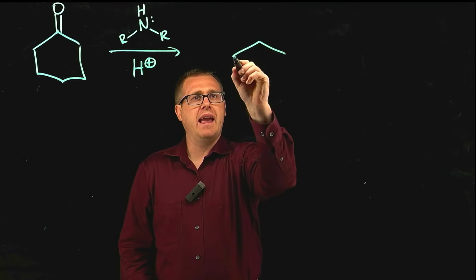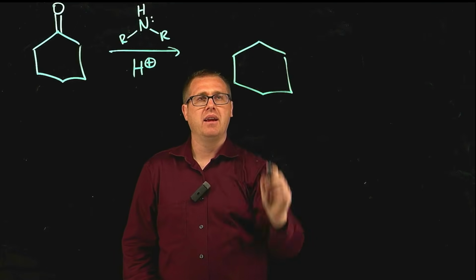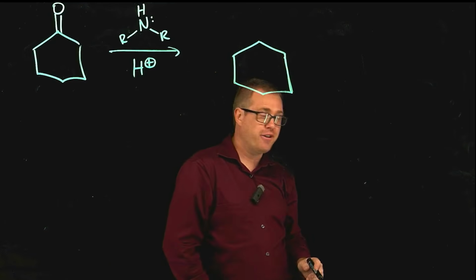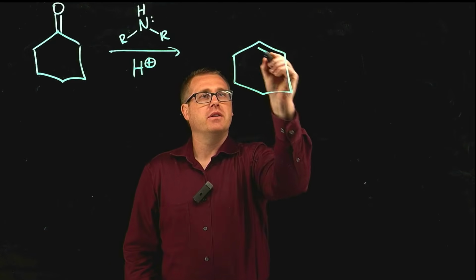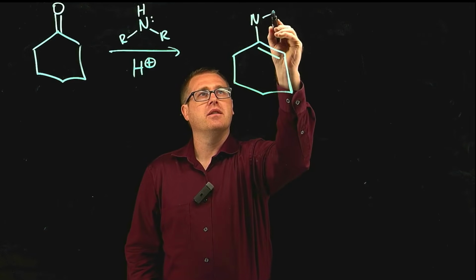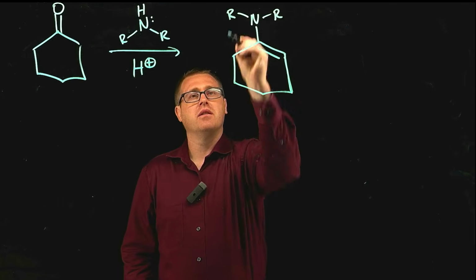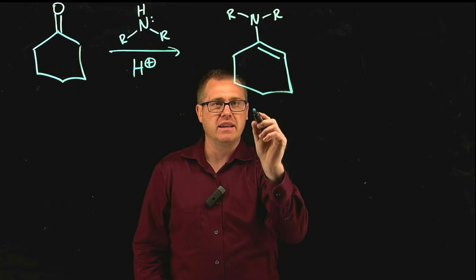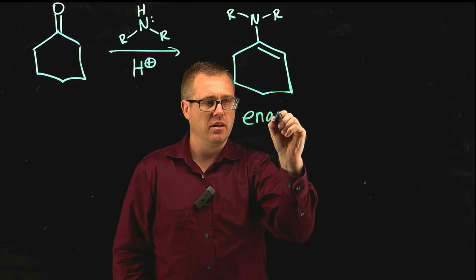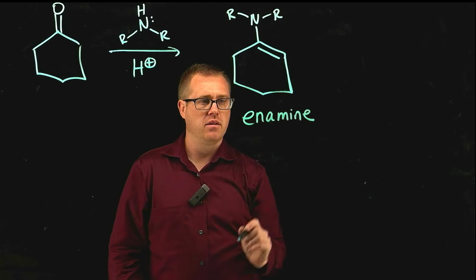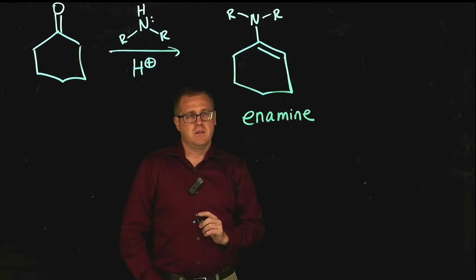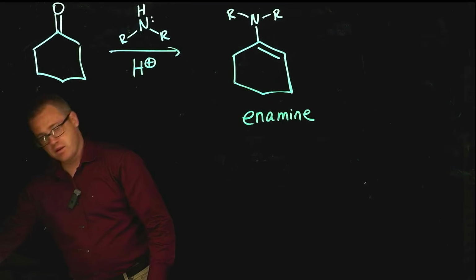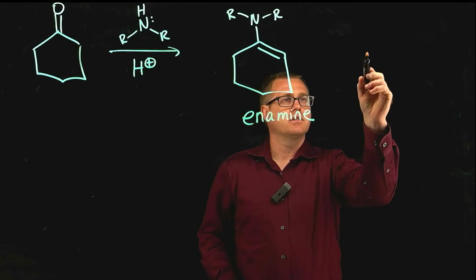And what we get at the end of the day is another group with another new name, which looks like this. We now have a molecule that's called an enamine.